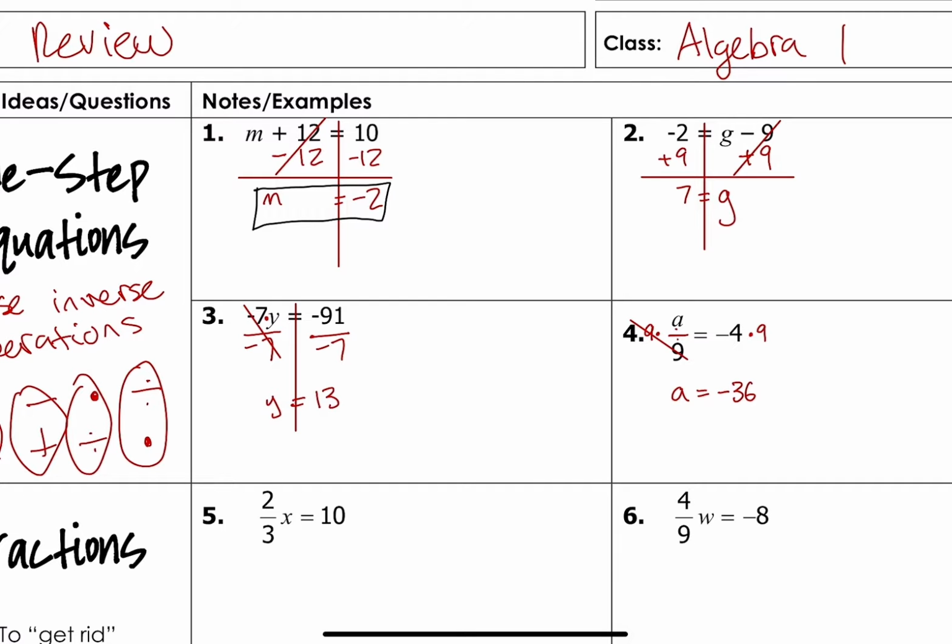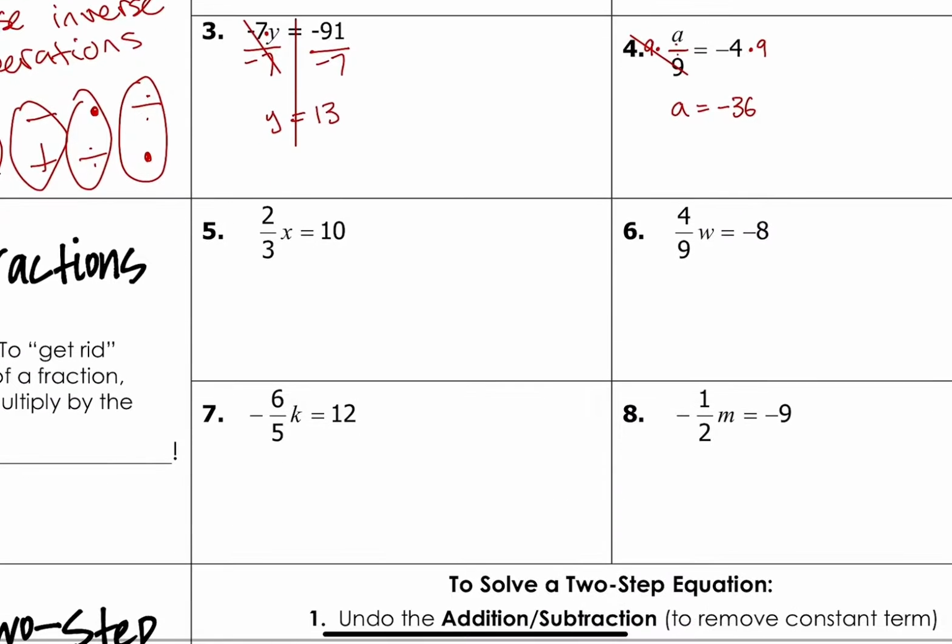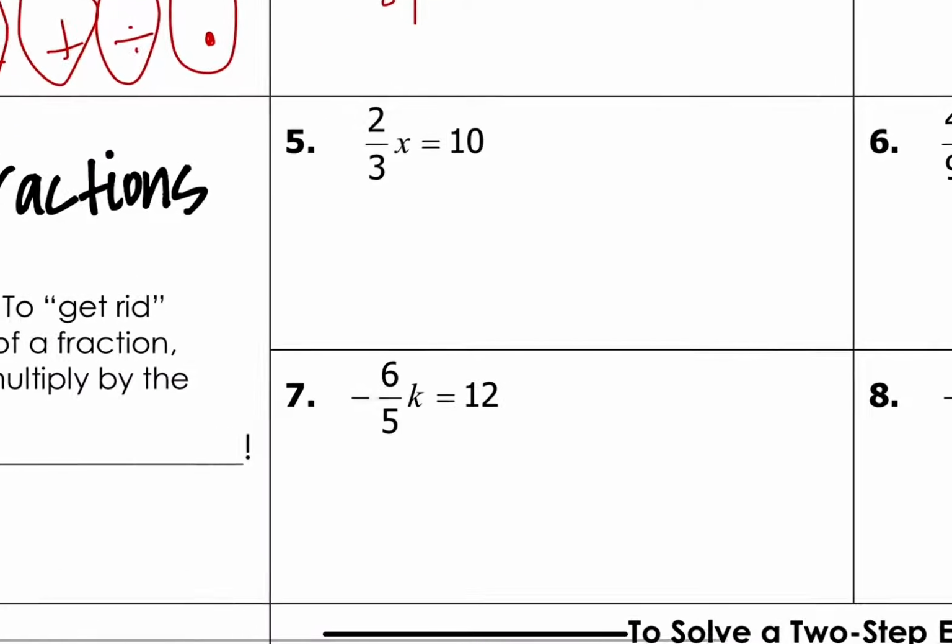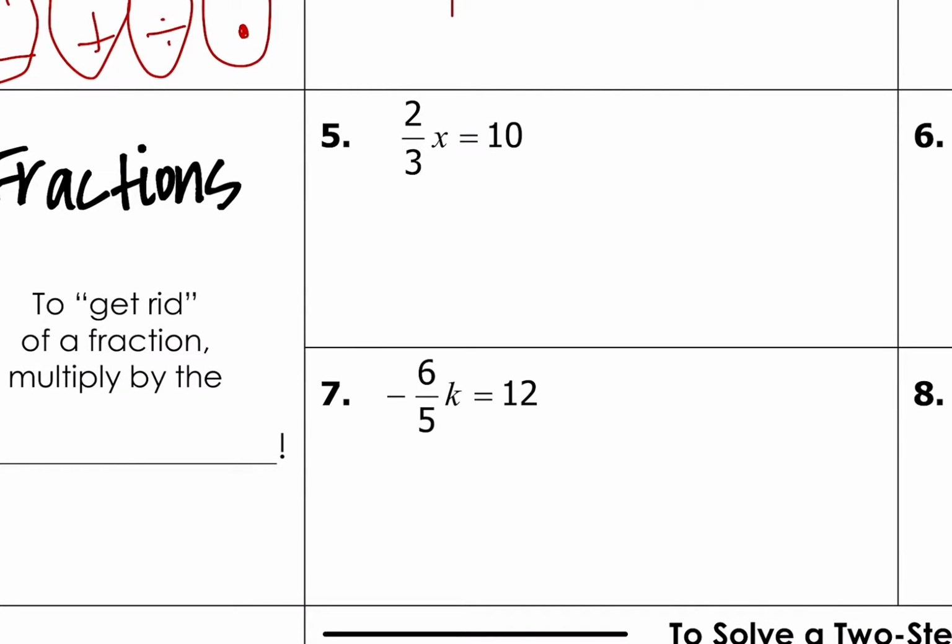So let's take a look at the next section here. This is going to be fractions, or specifically how to get rid of fractions when you have them in a one-step equation. To get rid of a fraction, multiply by the reciprocal.